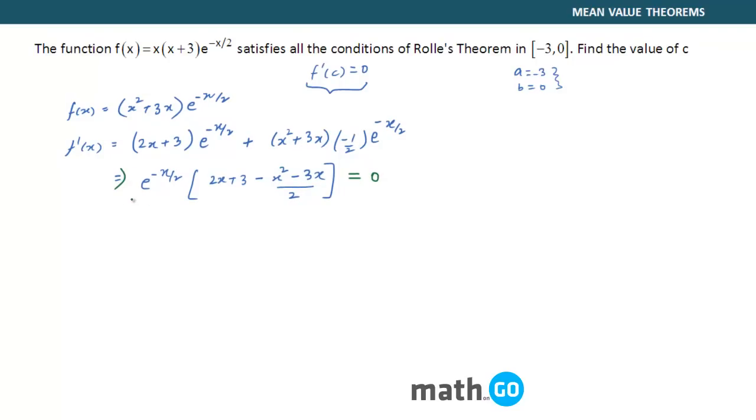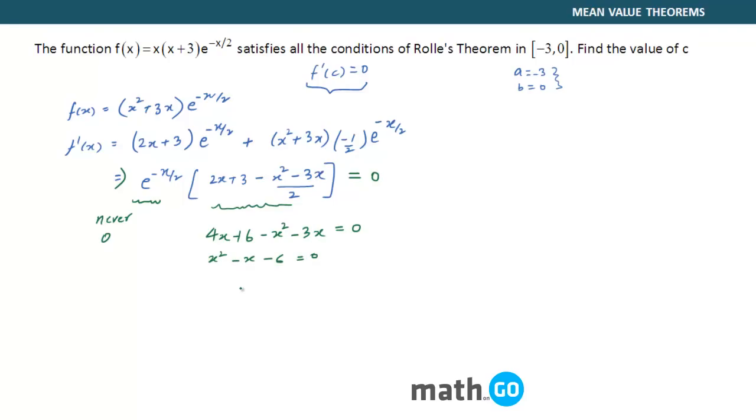We know that the exponential term will never be 0, because e raised to power is never 0, so only the other term can be 0. So how will you solve? 4x plus 6 minus x square minus 3x should be equal to 0. What will this become? Yes, x square minus x minus 6 equal to 0.